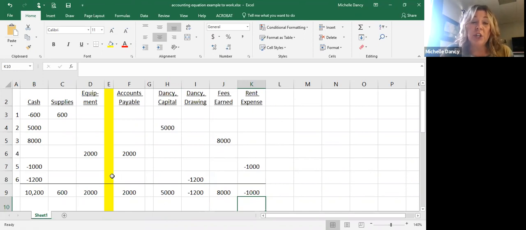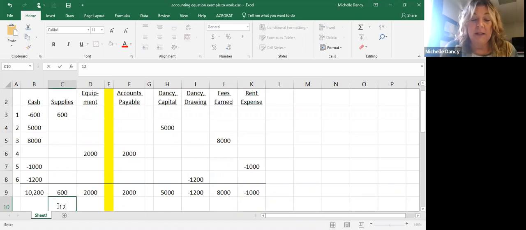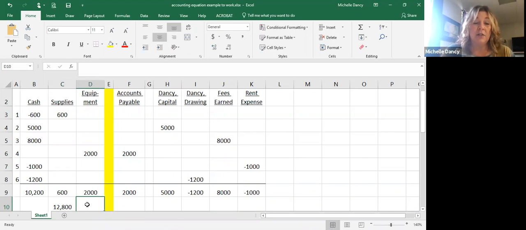And we also want to use these balances right now to make sure that my equation is in balance. So if I say 10,200 plus 600 plus 2,000, then I get 12,800. So my overall balance, I'll just type it in this cell right here, on this side is 12,800.